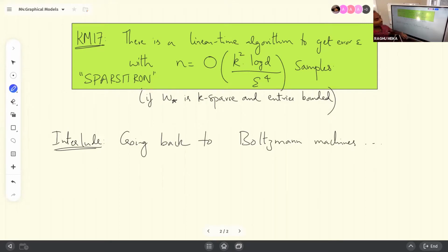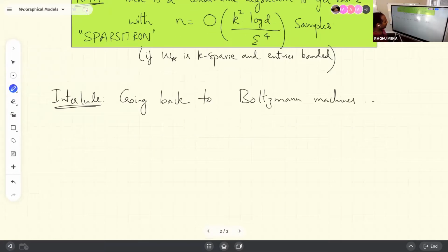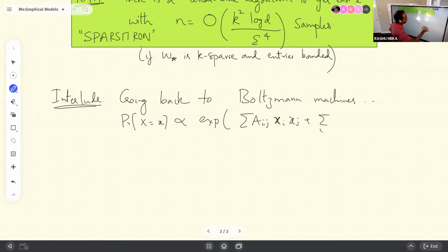A long time ago, when we were talking about Boltzmann machines, we ended up with this question, right? Somehow the idea was that x is proportional to something. Okay, and then we said, I can write this as a regression problem.